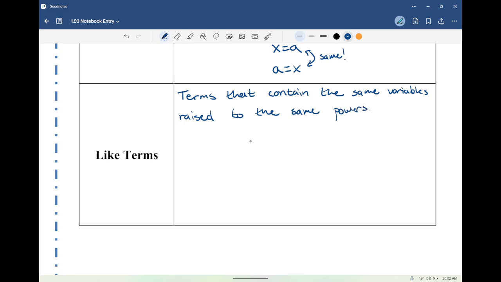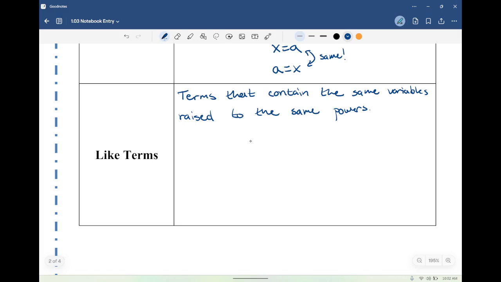Terms that have the same variables raised to the same power. And so the sort of shorthand way, the letter and the exponent need to match.